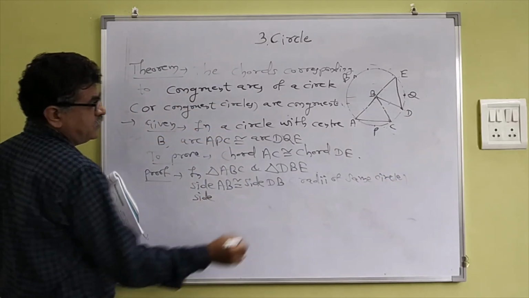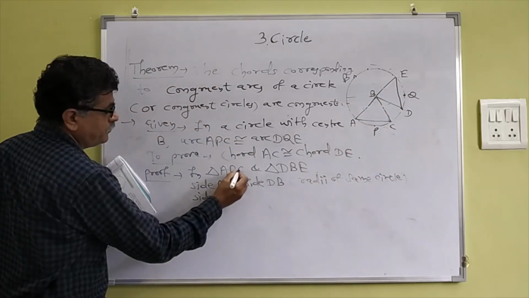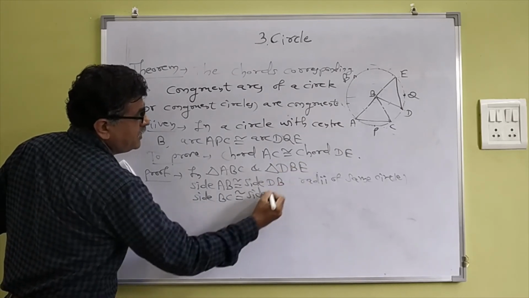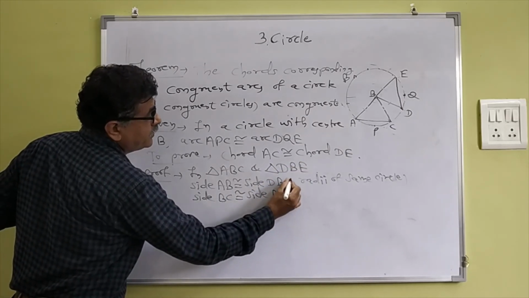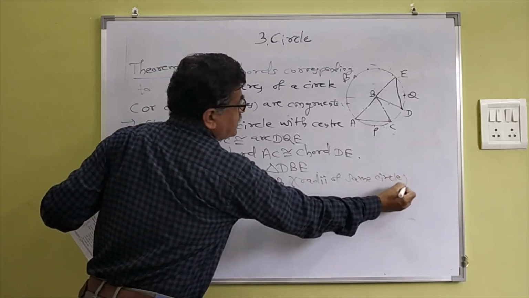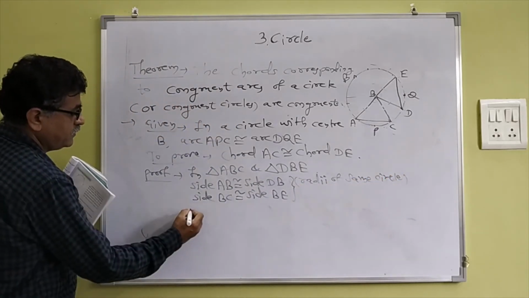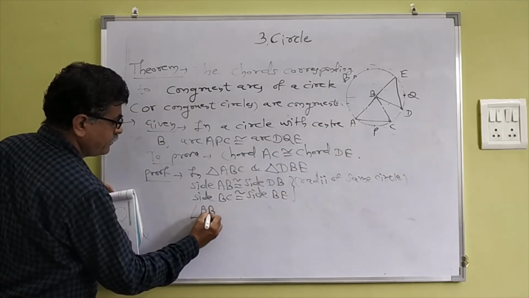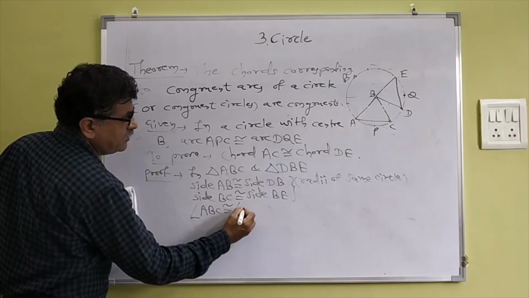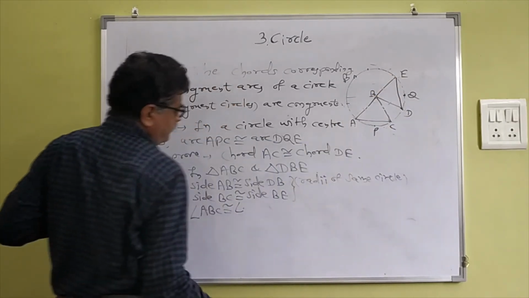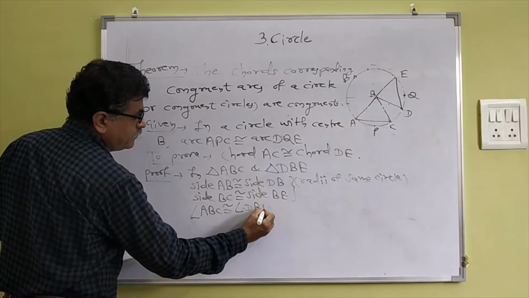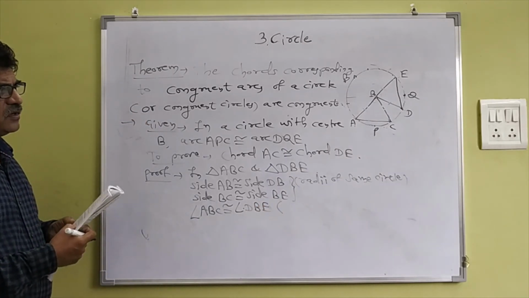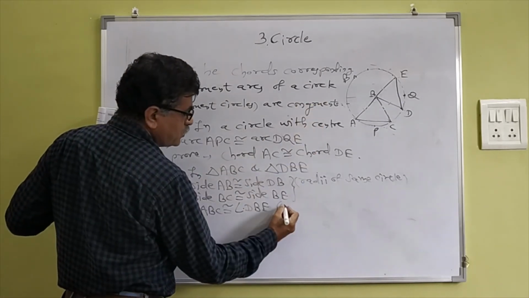Side BC congruent to side BE, here also radii of the same circle. Angle ABC congruent to angle DBE. Here we are given this: these arcs are congruent, therefore their central angles are also congruent.